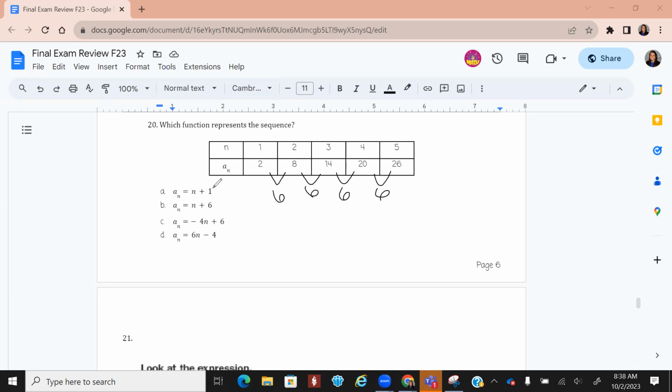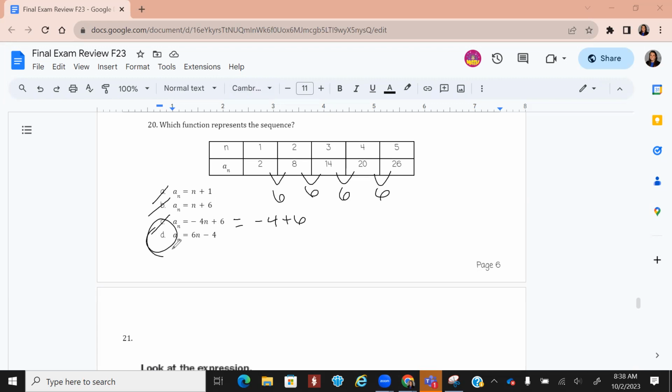But if we plug in 2, do we get 8? No. Looking at the next one, when we plug in 1, do we get 2? No. On the next one, if I plug in 1, do I get 2? Yes, that is true. If I plug in 2, do I get 8? No. On the last one, if I plug in 1 into this equation, do I get 2? Yes. If I plug in 2, do I get 8? Yes. So D should be your answer.